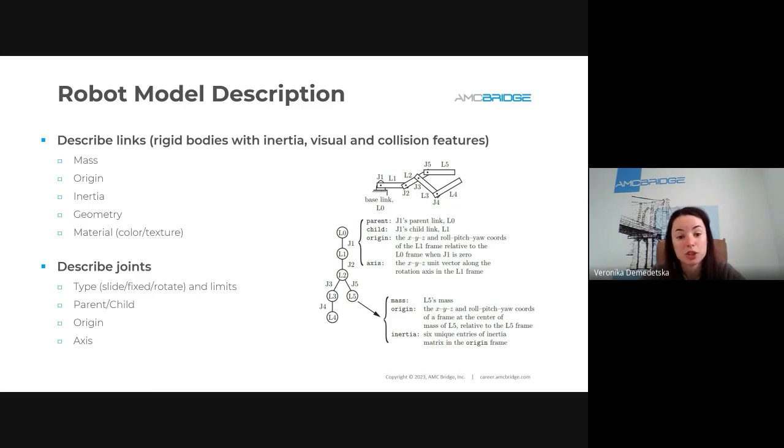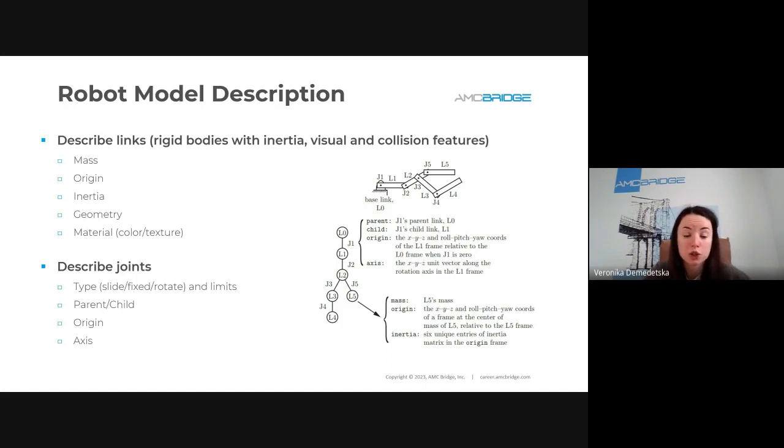So we need to set mass, origin to understand where our link is located in space, inertia, geometry itself, material, color, texture for the visualization, and material for describing the physical characteristics of the link.